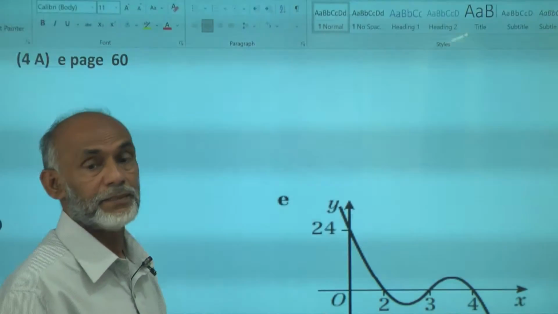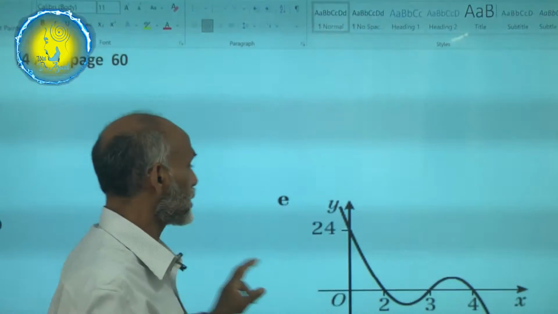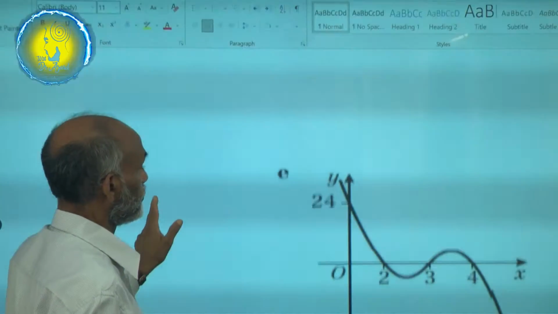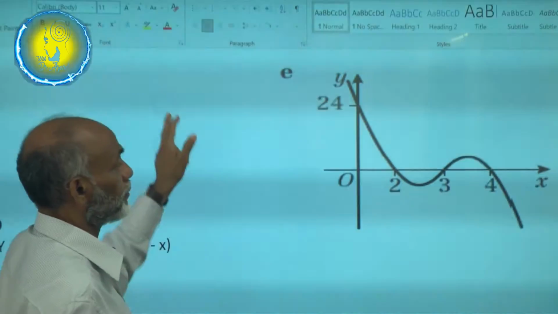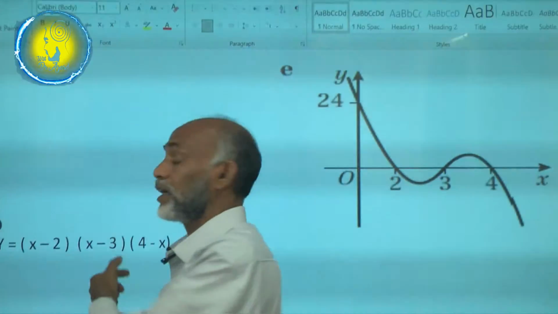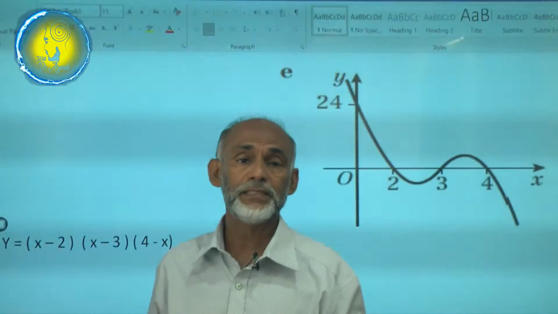Let's look at this curve. This is 4A exercise, page 60. Students can go to this particular page and refer to the question. In this question, the function given has x minus 3 as one of the factors, x minus 2 as one of the factors, and 4 minus x as another factor.